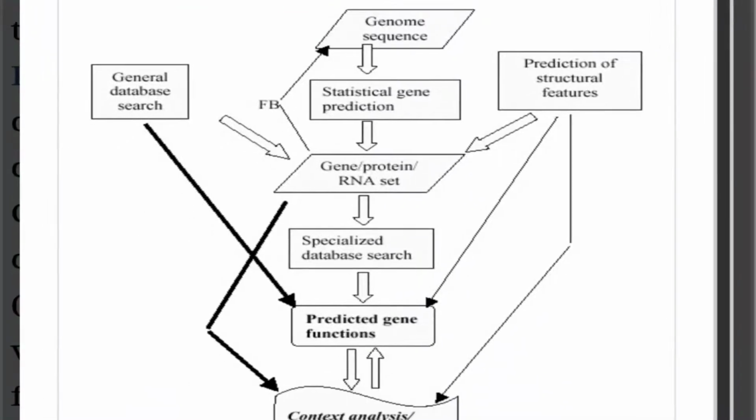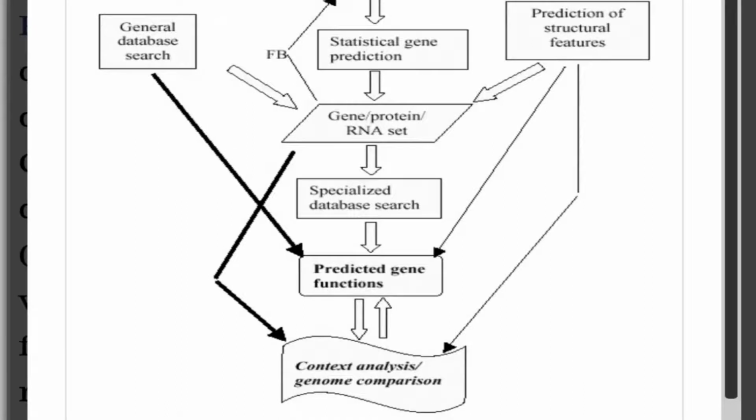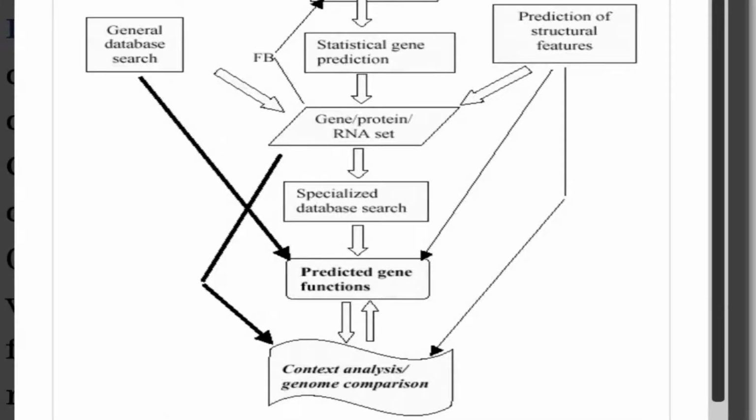Now once you predict this much information from the genome sequence, next is a specialized database search. You know that most genome sequences are present in various databases which are freely available on the net, like DDBJ, DNA Data Bank of Japan, like EMBL, European Molecular Biology Laboratory, like GenBank, like NCBI. These are the freely available databases present on the web.